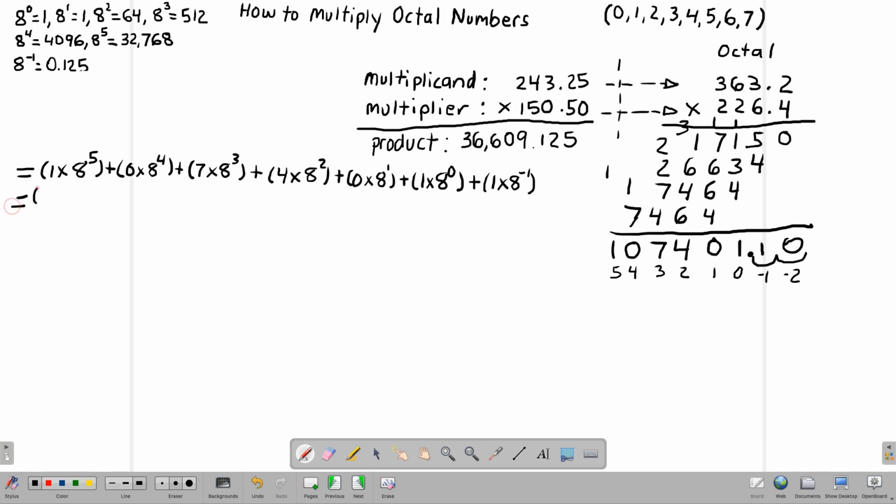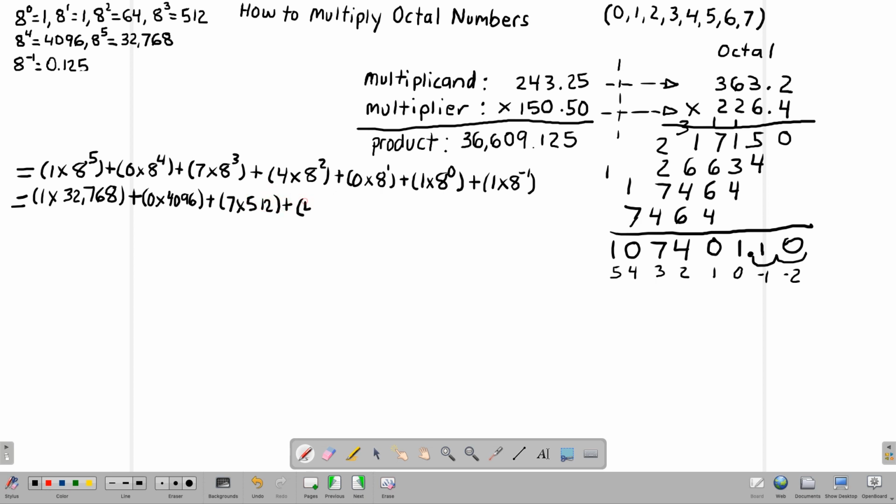So let's break this down further. We have 1 times, and in our notes to the top left, we say 8 to the 5th power is 32,768. So we have 32,768. Then we have 0 times 4,096. Then we have 7 times, and we say 8 to the 3rd power is 512.